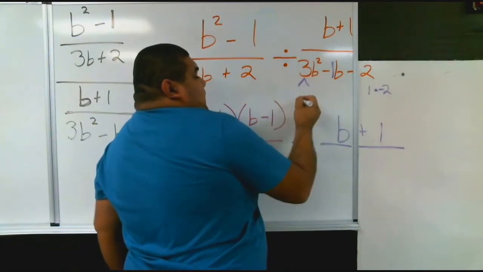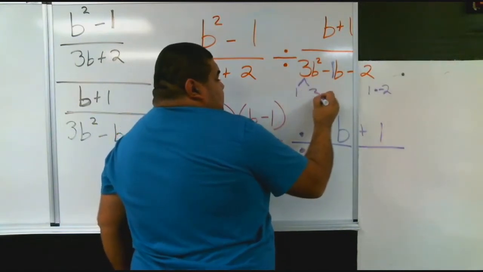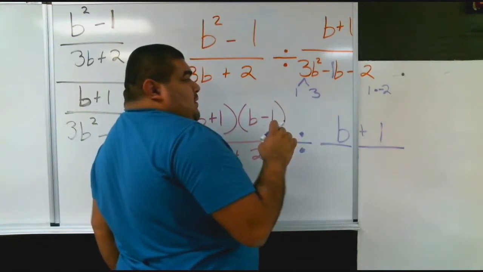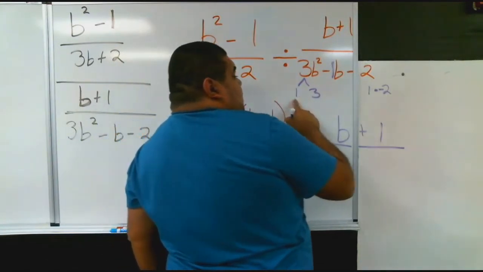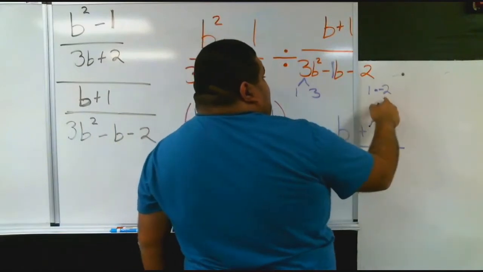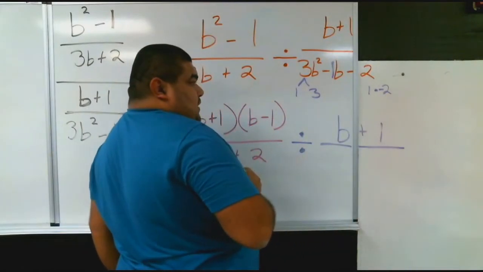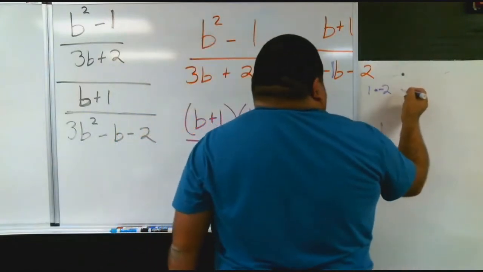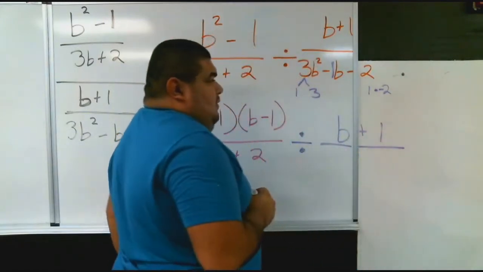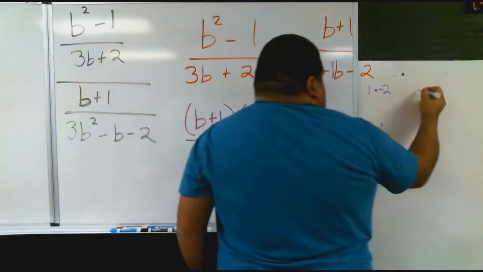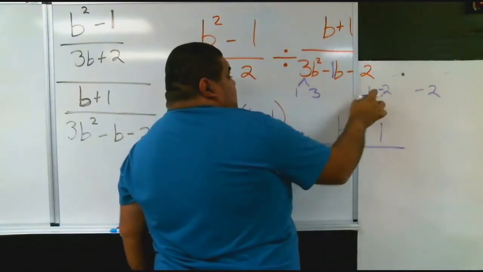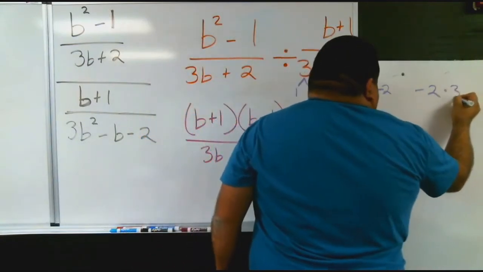For the numbers that give us 3, the only option is 1 and 3. If we multiply 1 times negative 2, we get negative 2, and then 3 times 1 is 3.